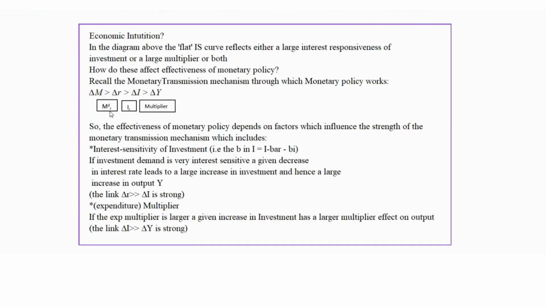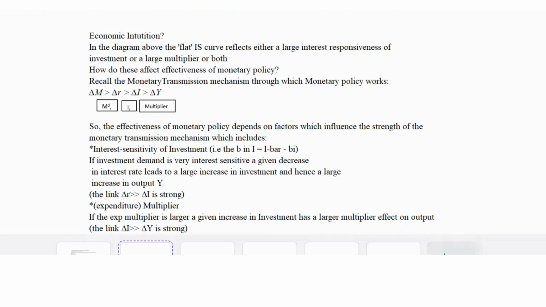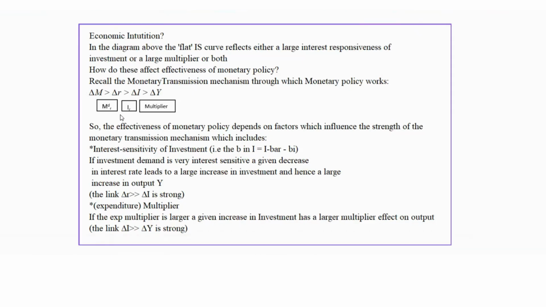And as we can see here, one of the factors is going to be the interest responsiveness of money demand, which influences the link between change in money supply and change in interest rate. And like we said, interest responsiveness of money demand influences the slope of the LM curve.